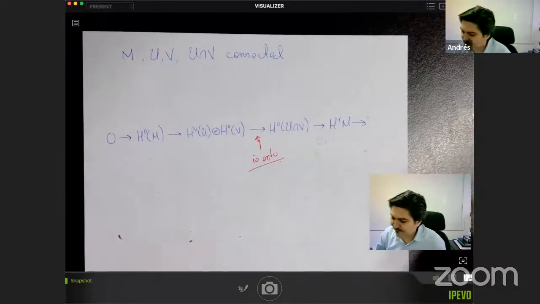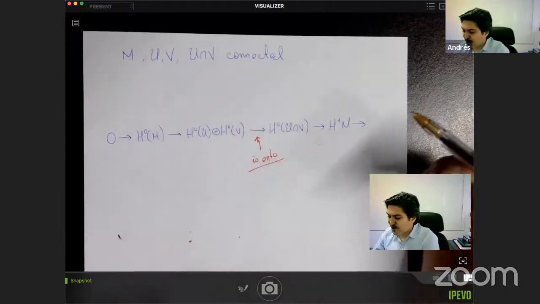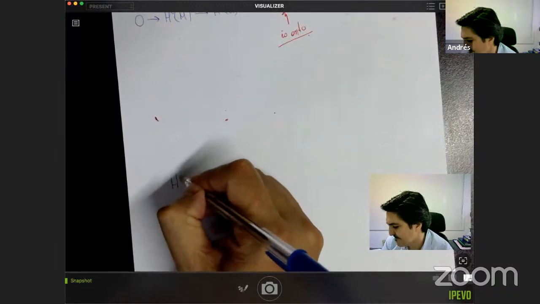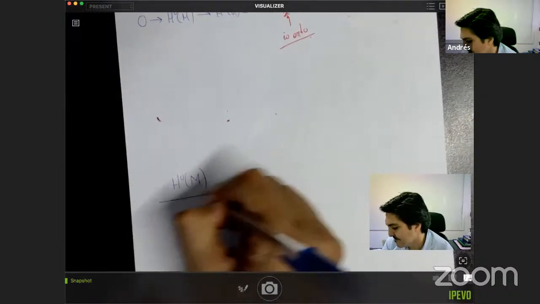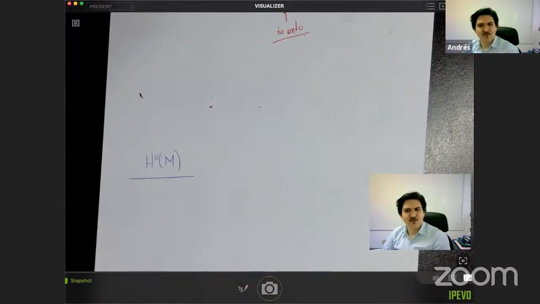Now, first of all, you need to remember what is this? What is the cohomology in degree 0? You already said, as a vector space, this is R^n, the number of connected components.